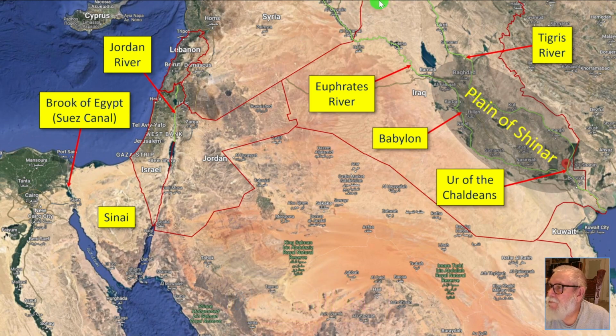So in between the Euphrates River on the south and the Tigris River on the north, this shaded area here that's labeled the Plain of Shinar is also known as the land between the rivers, Mesopotamia.